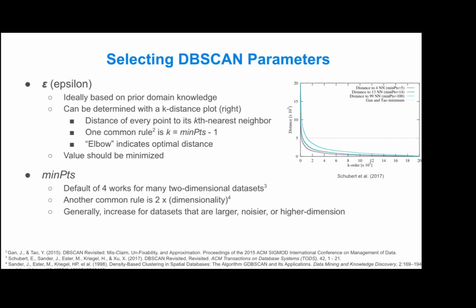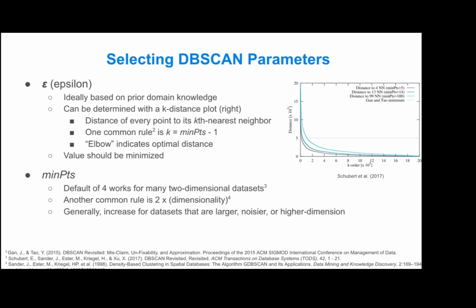And basically, you just want to calculate the distance of each point to its kth nearest neighbor. And one common rule is you can look at like the min points minus one nearest neighbor. And you're looking for kind of this elbow in the plot where you know that the majority of points are within this distance of their kth nearest neighbor. And so you can set that as epsilon. But generally, the values should be minimized when in doubt.